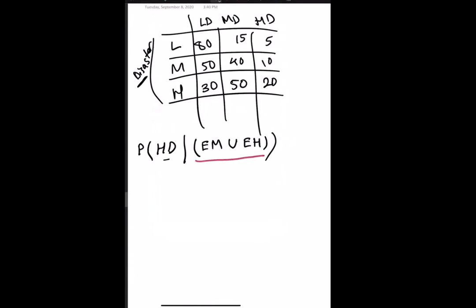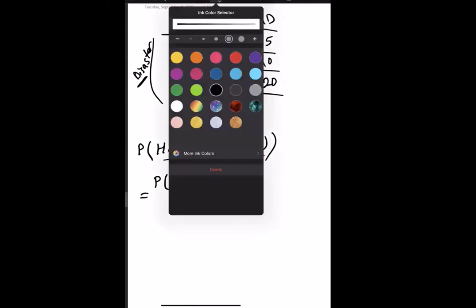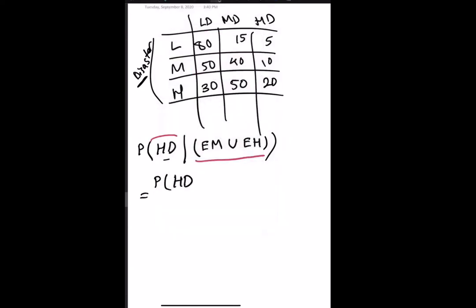Okay. So now, let's just write this based on typical rules. So how do you write what is the numerator based on just conditional probability rule? How do you write conditional probability, guys? It would be HD, H. This is A. Yeah.